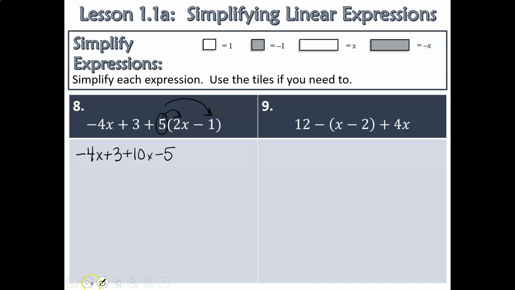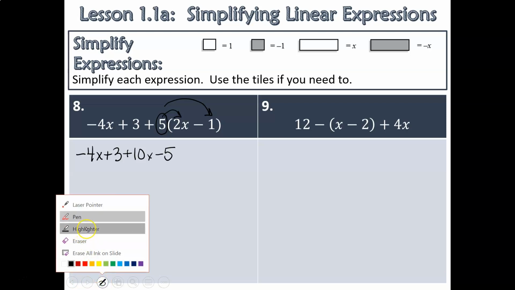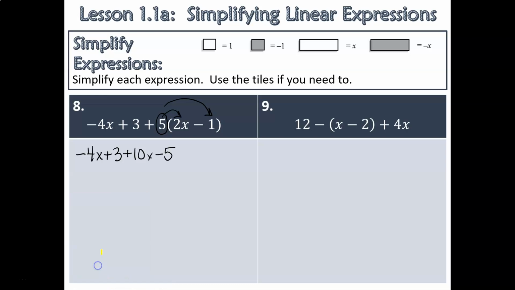So there are a couple sets of like terms here, and I'm going to use a highlighter to highlight them. So my x's are like, and my constant, the word constant means no variable, they're like. So I can combine the yellow terms and I can combine the green terms, but I can't combine them all.